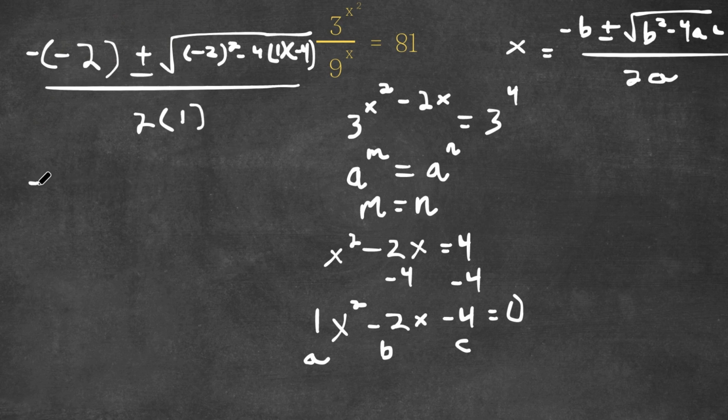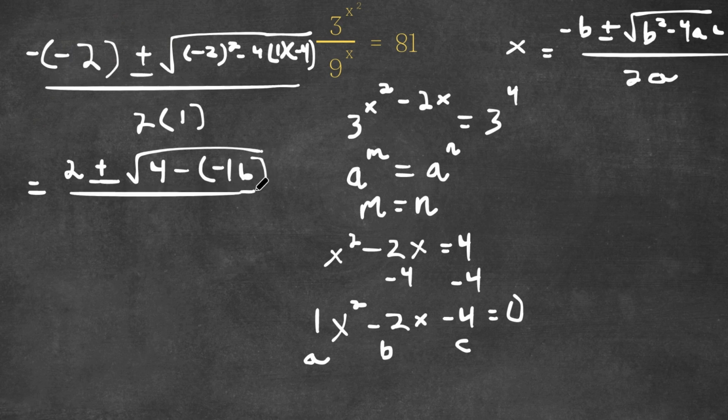Now we can go ahead and simplify this a little bit. Negative of negative 2 is positive because a negative of a negative is always a positive. So now we have 2 plus or minus the square root of negative 2 squared is 4 minus 4 times 1 is 4. 4 times negative 4 is negative 16. So we have 4 minus negative 16 divided by 2 times 1 is simply 2.